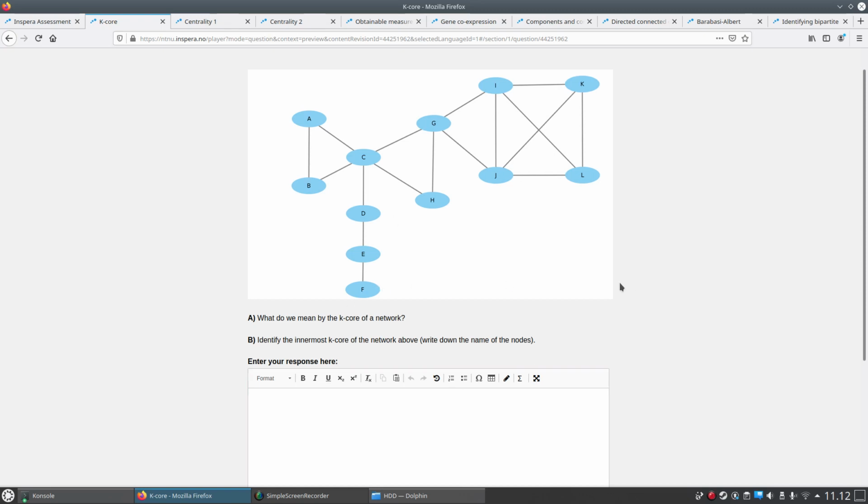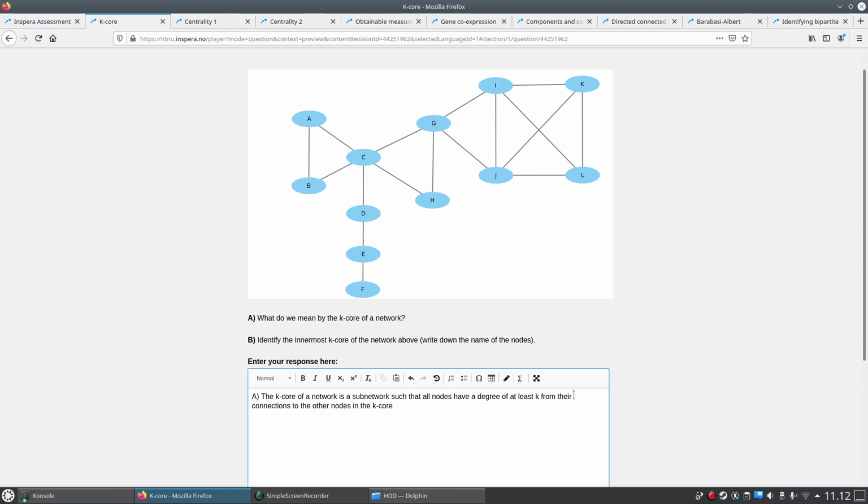So if you want to look at this specifically for this network, first we can just write down: the K-core of a network is a subnetwork such that all nodes have a degree of at least k from their connections to the other nodes in the K-core.